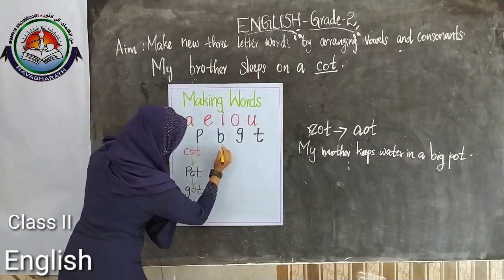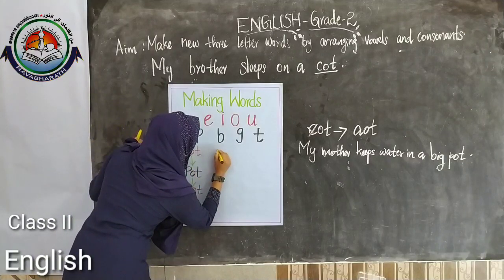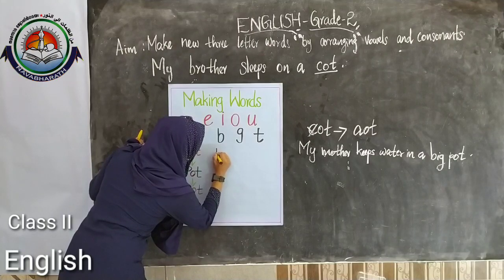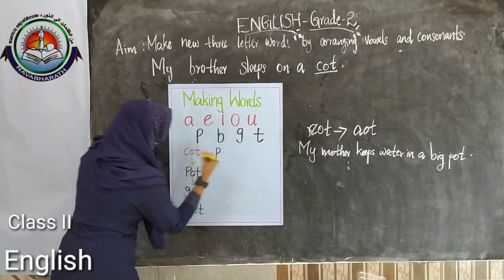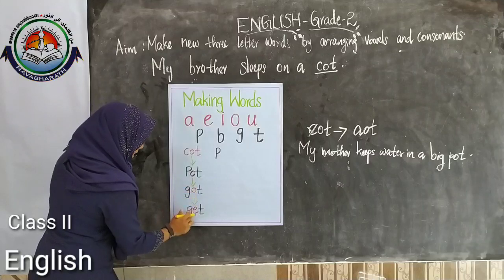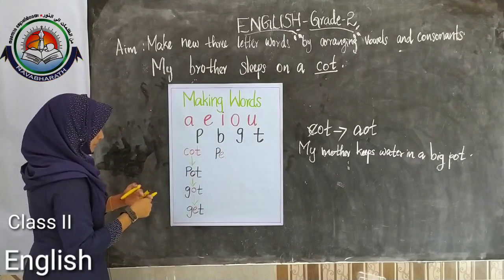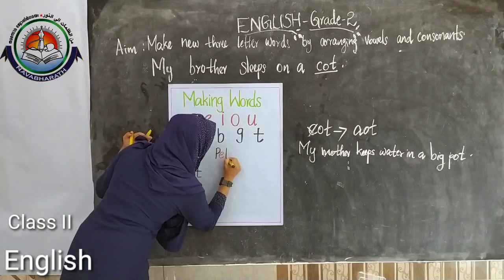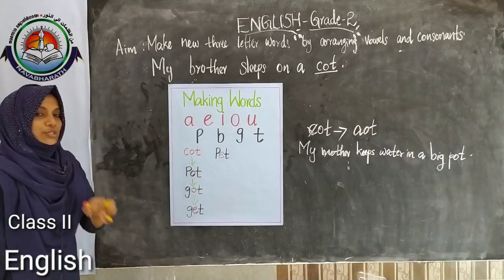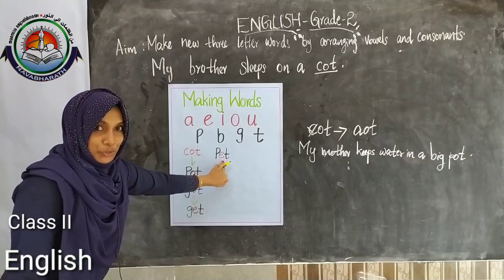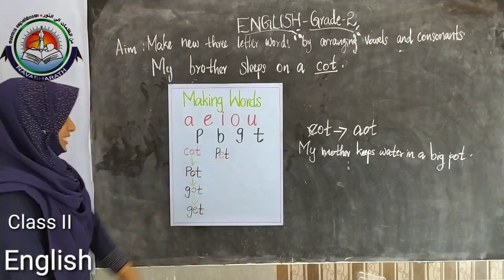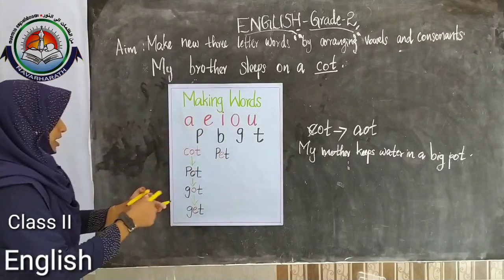So what about the new word that you got? Yes, we got get. It will become P. Then again here there is no difference. Then E. Then again it is T. So here one more new word we got, which is that? Yes, it is pet.